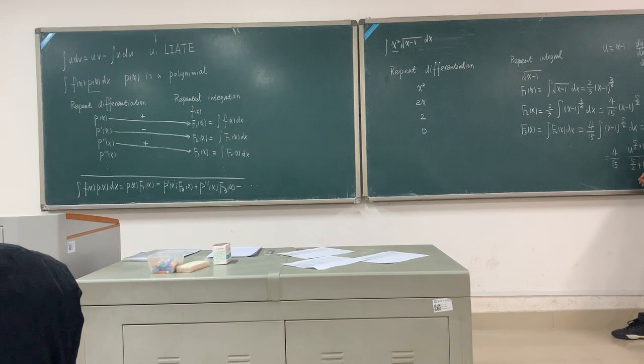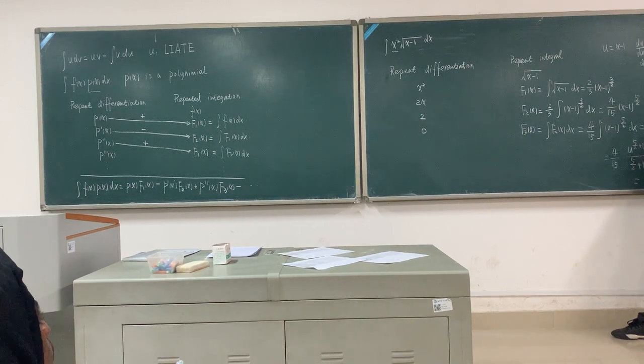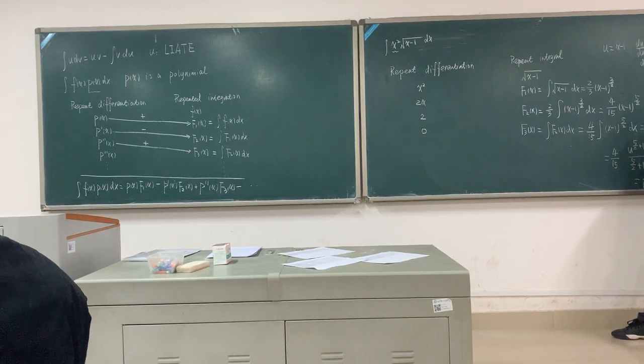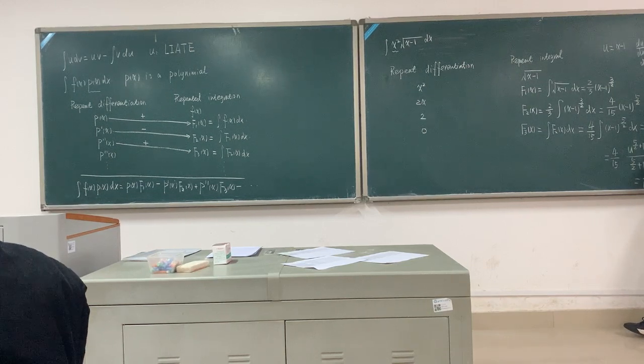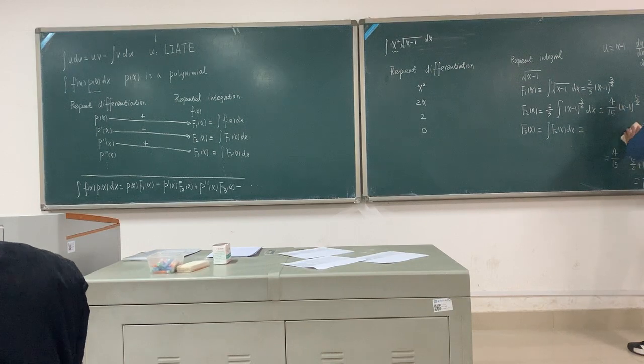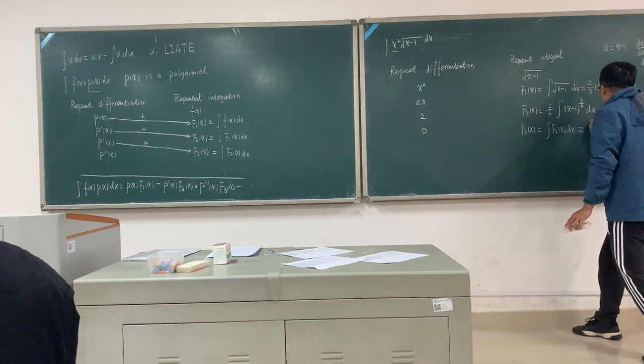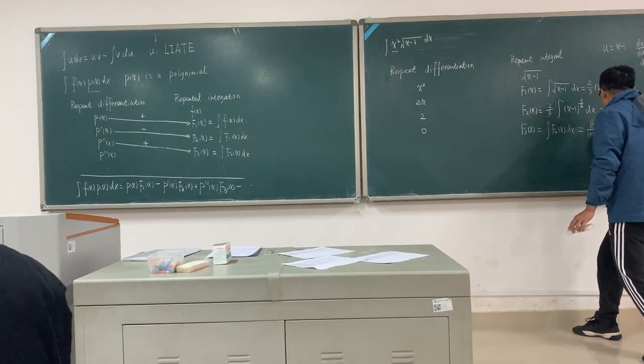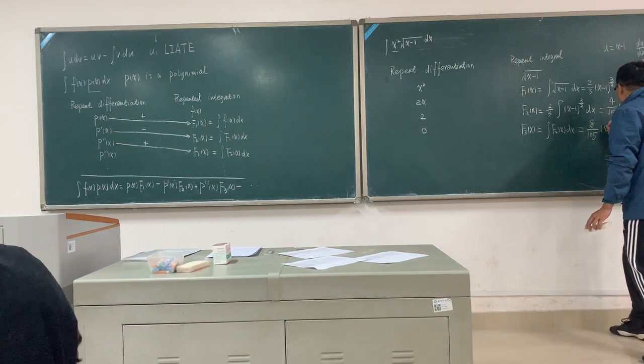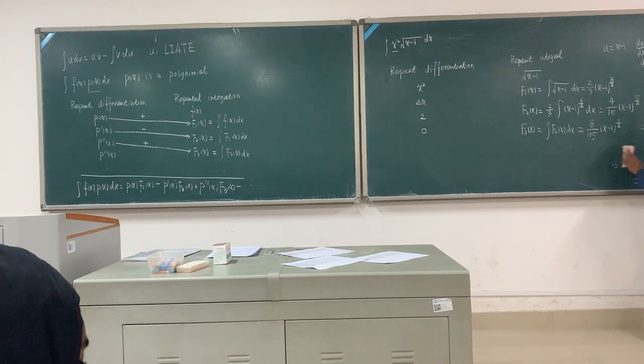So the result should be 8/105 (x minus 1)^(7/2), okay? So this should be F3. So F3 equals 8/105 (x minus 1)^(7/2).